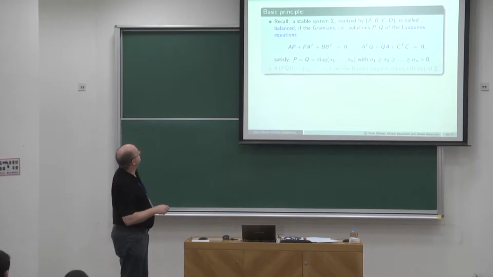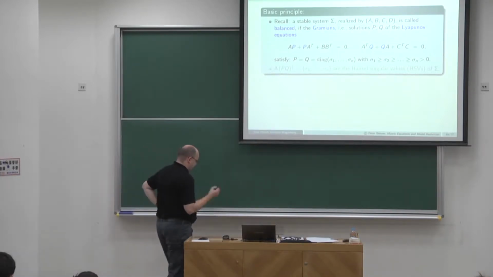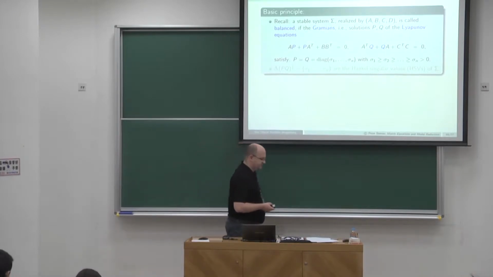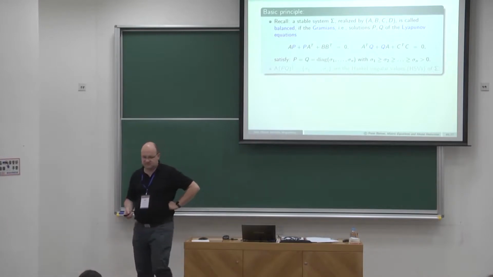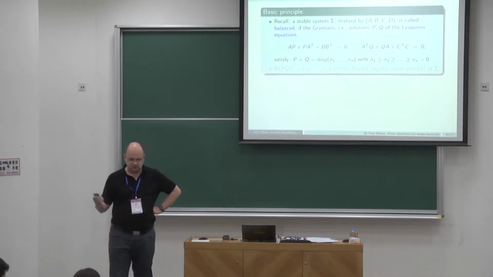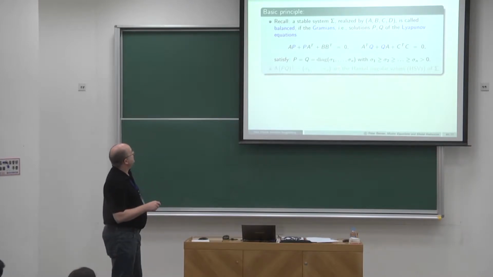It makes life easier. We know that P is the controllability or reachability gradient, and Q is the observability gradient. They are, under the given assumptions, positive semi-definite matrices by definition. And if the system is minimal, controllable plus observable, they are both invertible. In that case, we know that we can balance the system.